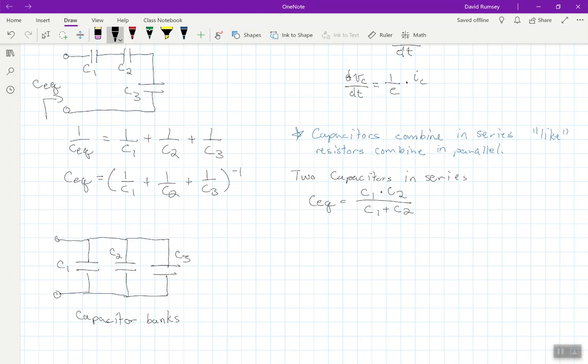And if they're in parallel, well, you can probably guess what's going to happen here. If the capacitors in series behave like resistors in parallel, then capacitors in parallel combine like resistors in series.